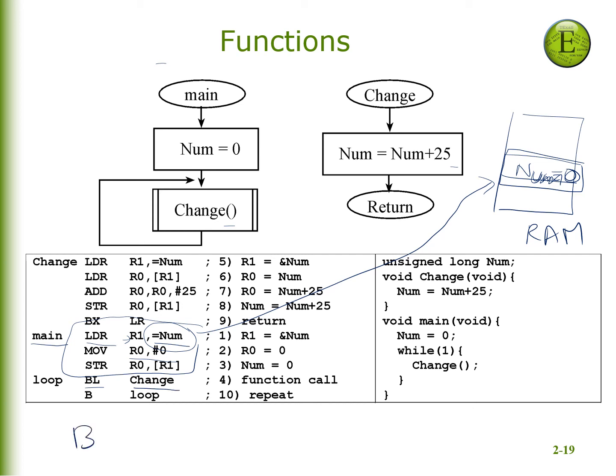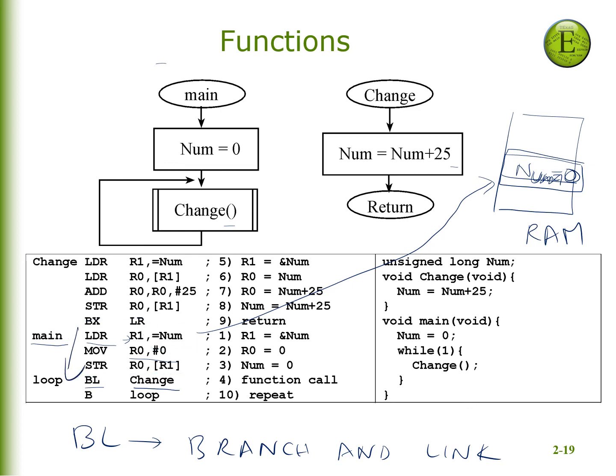BL means branch and link. Essentially, it says that once you have executed these three instructions, it is now time to jump and execute a routine called change. That is, we are jumping over here. But before we do so, we are going to store the return address on top of the stack.